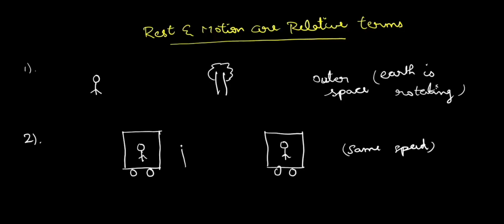So these two persons will appear to be in the state of rest with respect to each other. If they look at each other, they will feel like they are in a rest position. So this is the second example.